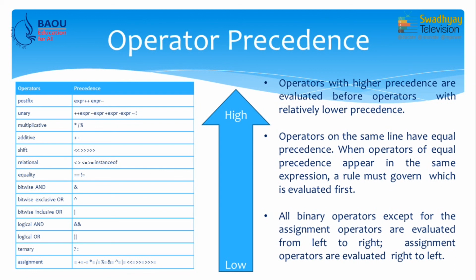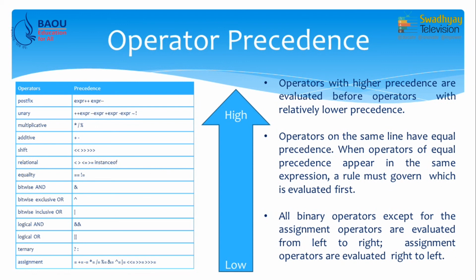On screen you can see the operators on top have higher precedence, that means postfix operators have higher precedence than unary, and unary operators have higher precedence than multiplicative, and multiplicative operators have higher precedence than additive, and likewise as you go from top to bottom the precedence gets lower.